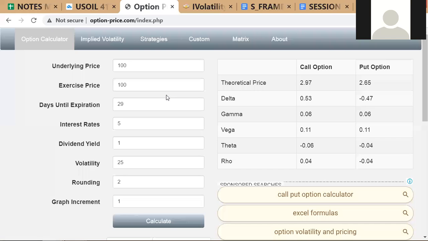As you can see here, if we keep everything else the same and focus on the 297, 265, and we change the vol dramatically from 25 to 75, see what happens. It goes from 2.96 to 8.24.